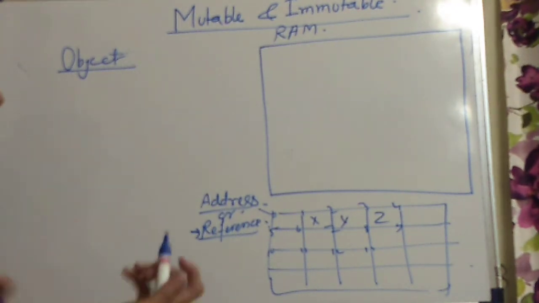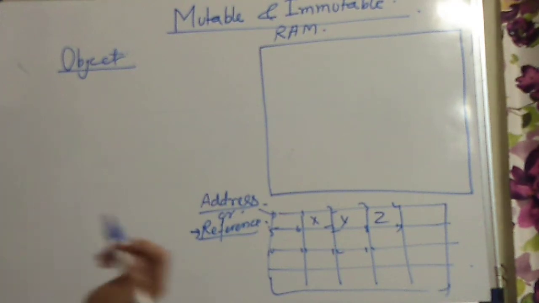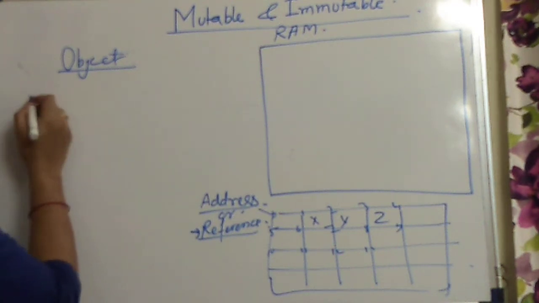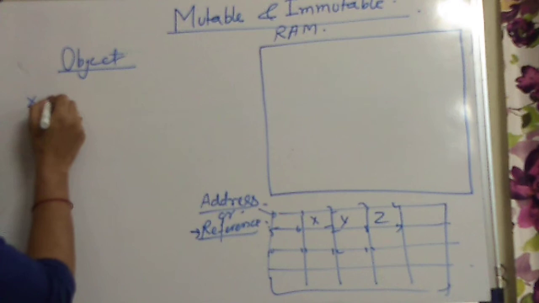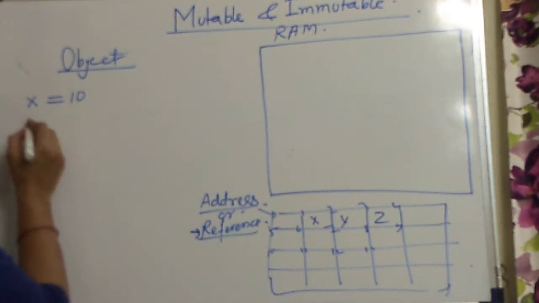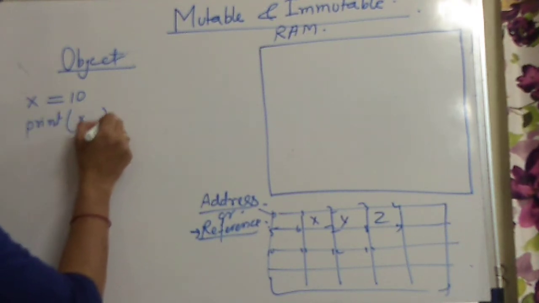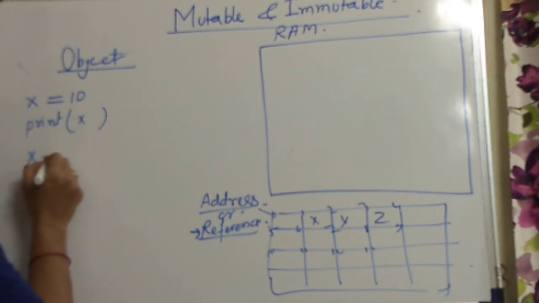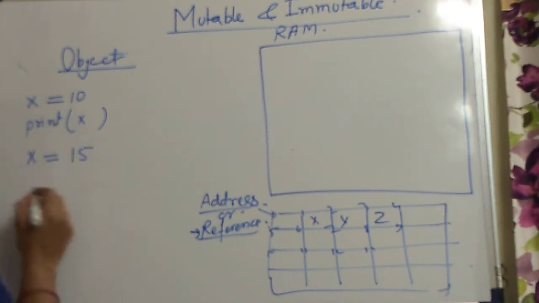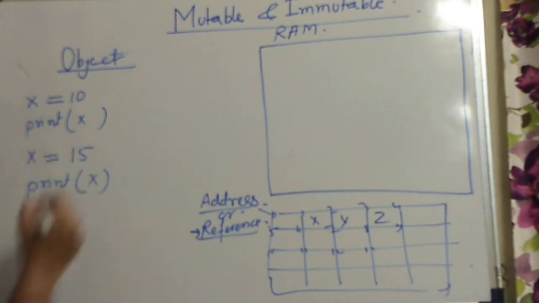Let us start from the beginning, with the various programs you have created. Take a simple program: you have written x equals 10, and you have printed x. Then you have changed the value of x to 15 and again printed x. What will you get?